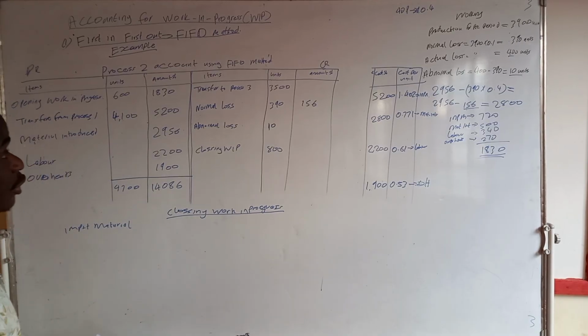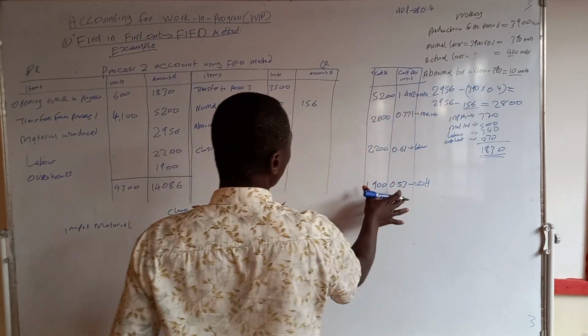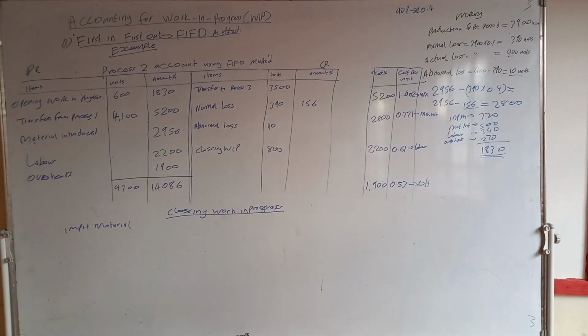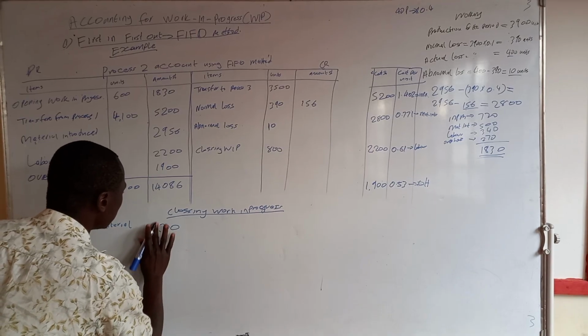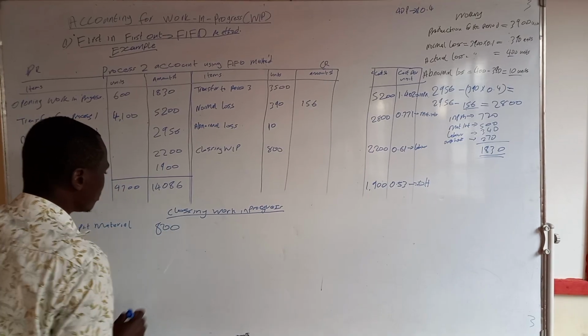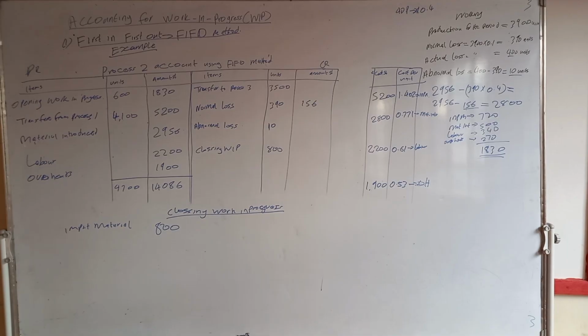Remember this table that we left. In other input materials, we had 800 units. Equivalent of 800 units. What is the input material?